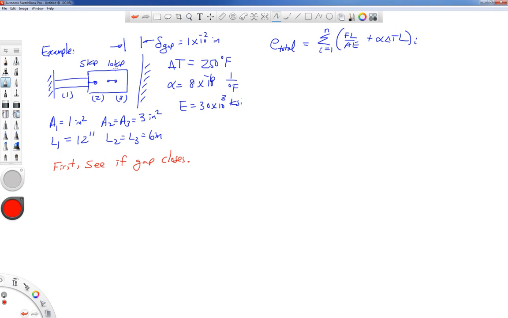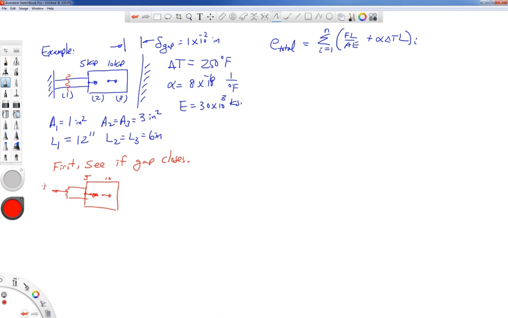So I'm going to take, let's go this way. Let's go inside bar number 1 first. I'm going to draw a free body diagram and draw everything to the right. Right there, 5 kips, and right here, 10 kips.